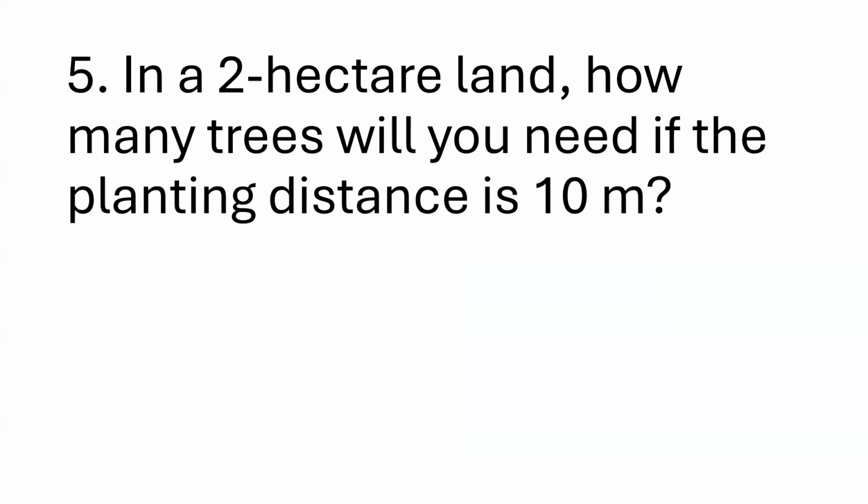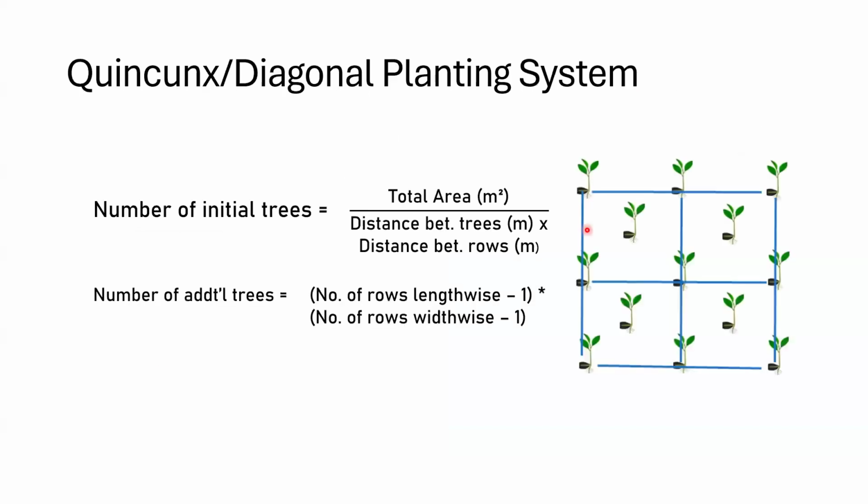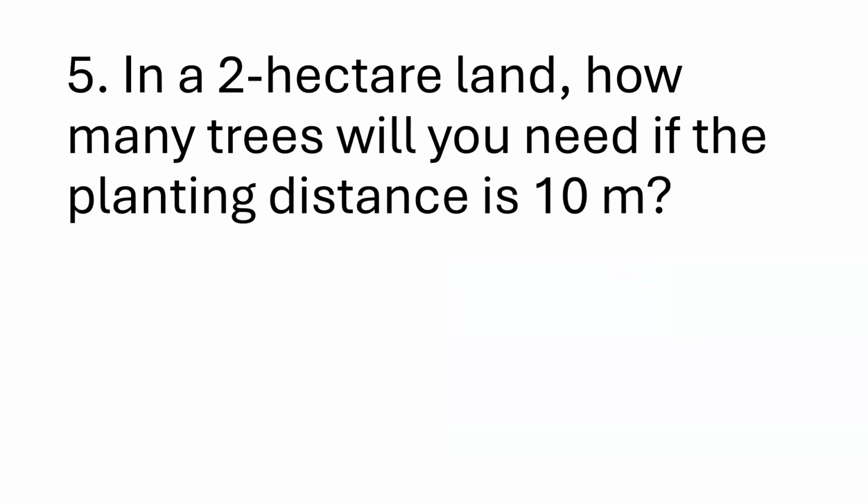So yung bilang ng initial trees natin, yung bilang ng mga nasa square natin is 200. Now, let's solve for the number of additional trees or yung number ng mga nakapagitna or naka-intercrop na trees.